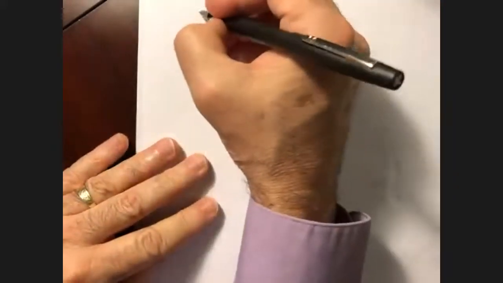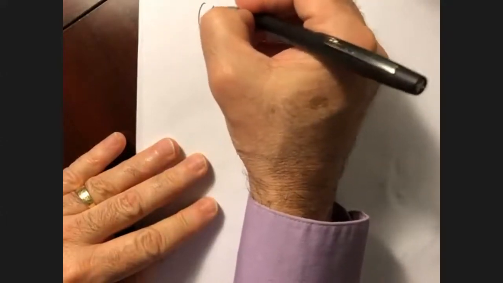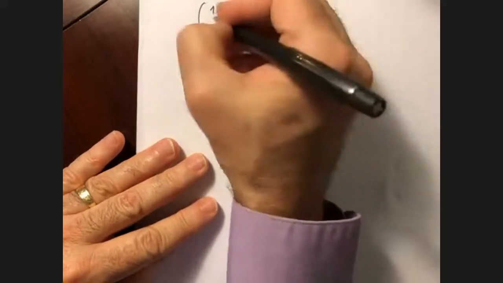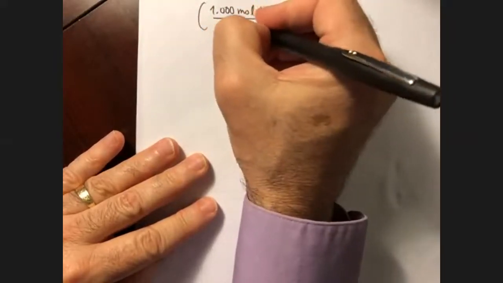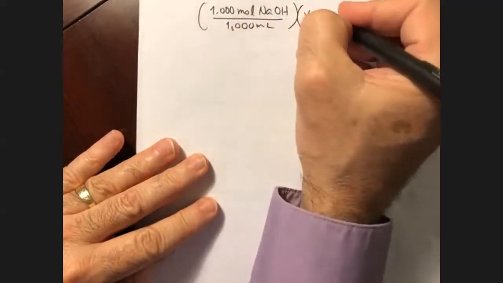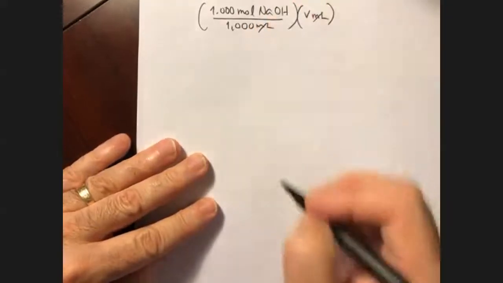Okay, so let me write again what we just did, right? We said that there is 1 mole of NaOH for every 1,000 milliliters, and we're going to add some number of milliliters of that to give us the proper moles of NaOH, right?